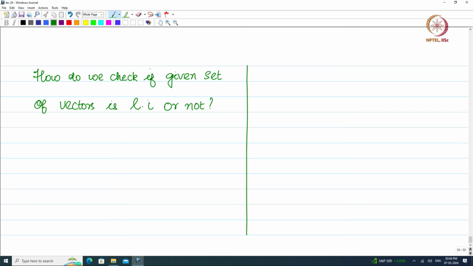There are multiple ways in which we can do this. One way is to define a matrix A whose columns are the given vectors.